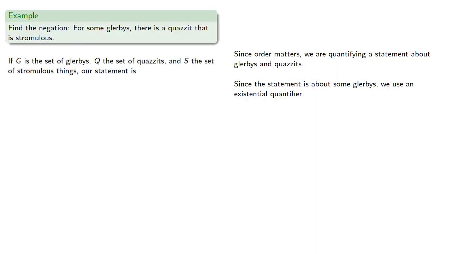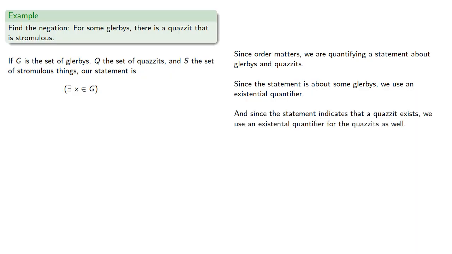So if G is our set of glurbies, Q is a set of quasits, and S is the set of stromulus things, then there is some glurby. And since the statement indicates that a quasit exists, we use an existential quantifier for the quasits as well. So there is some quasit, which is stromulus: Y is in S.